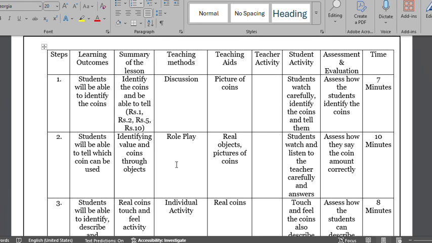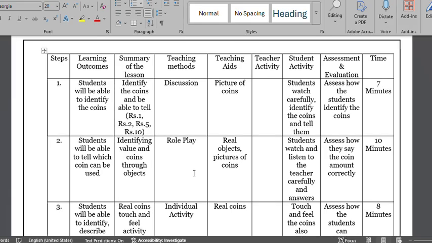Some student teachers prepare the lesson plan and finish everything within about 10 minutes. They are not expecting that. 40 minutes means we have to cover everything in that time and complete our lesson as a whole. So think about that.